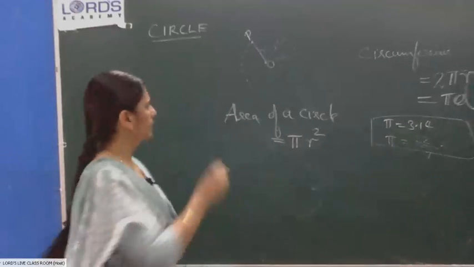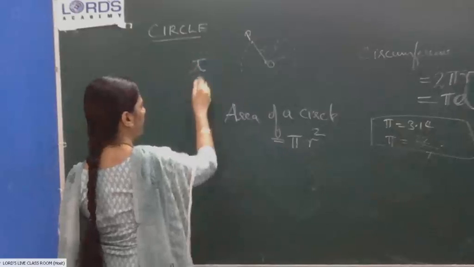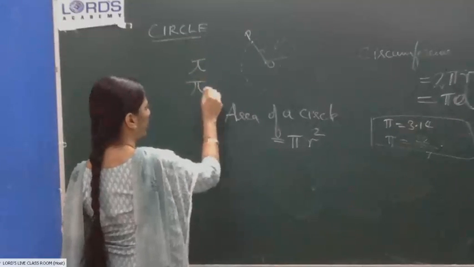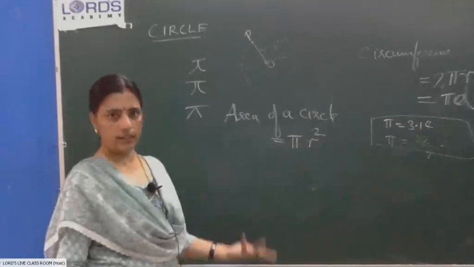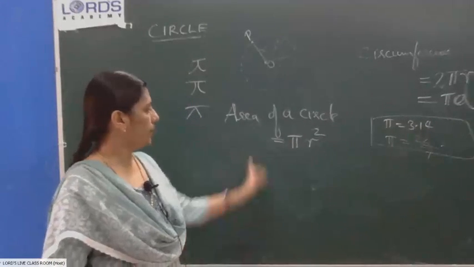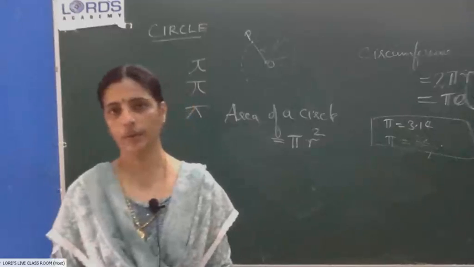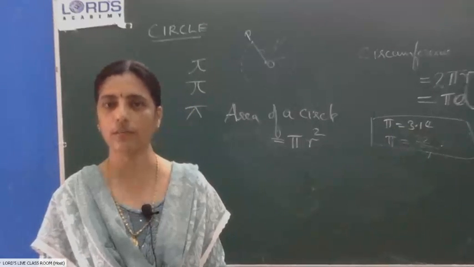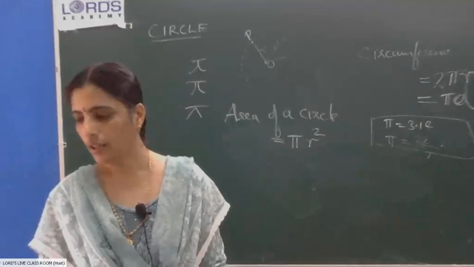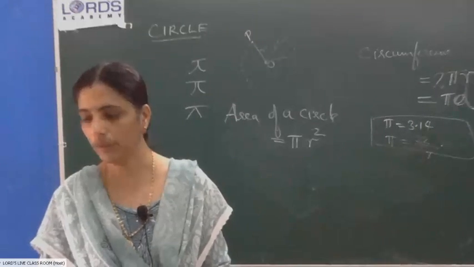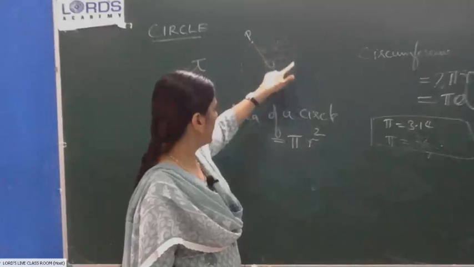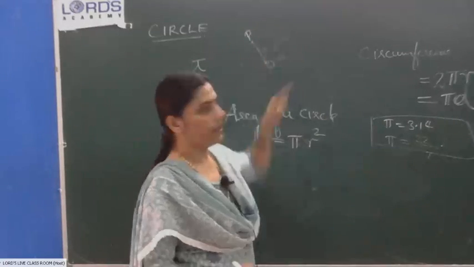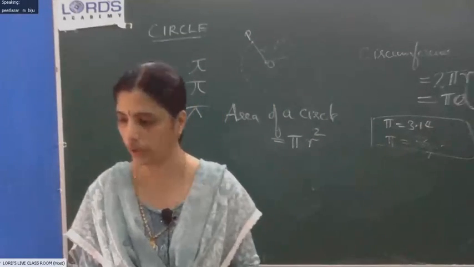In the textbook they will write pi like this or like this. Pi r square is the area of the circle, that means 22 by 7 into r square. So, two formulae you know. Area of the circle means the inside part. Circumference of the circle means this length, length only.